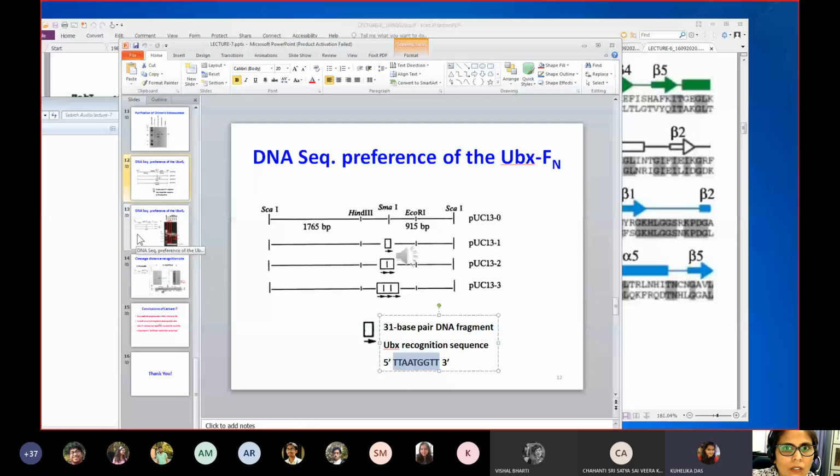Okay, ma'am. Thank you. Basically, I also know that in 2-3 other papers, they have different recognition sites. But basically the 7 base pairs are constant, T, T, A or T in between, or GG. But at the end, basically either they have CC or TT.